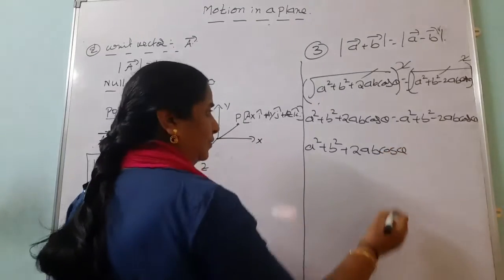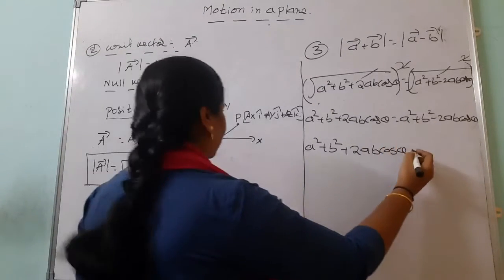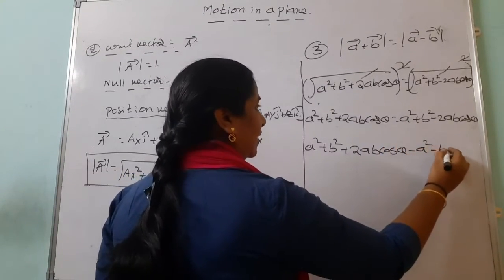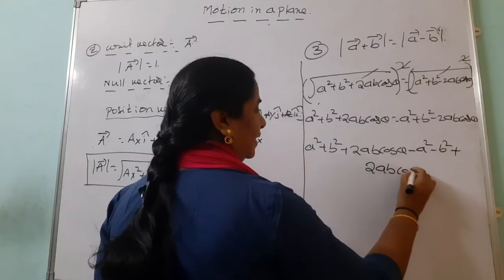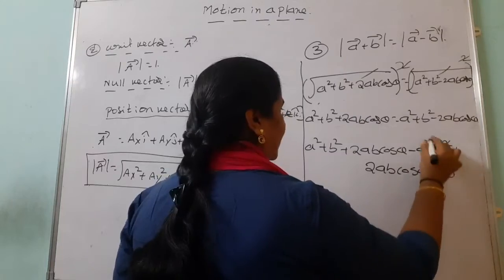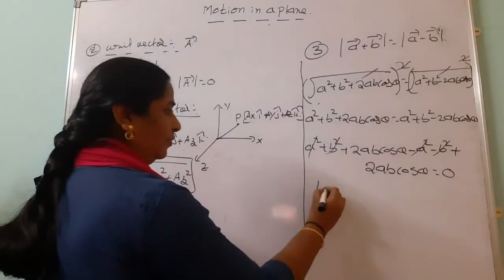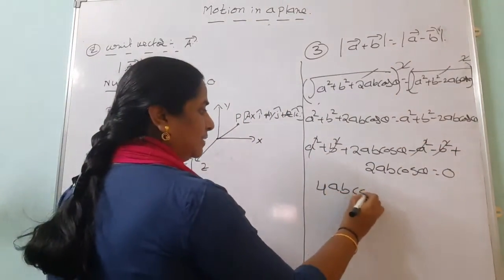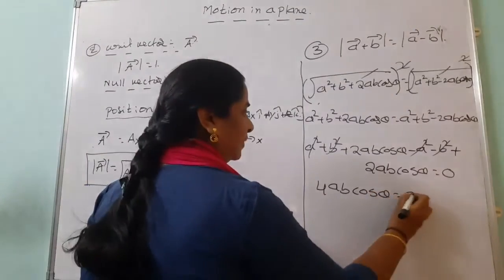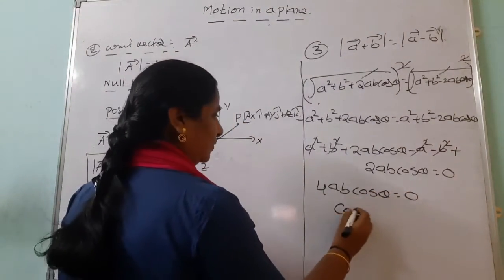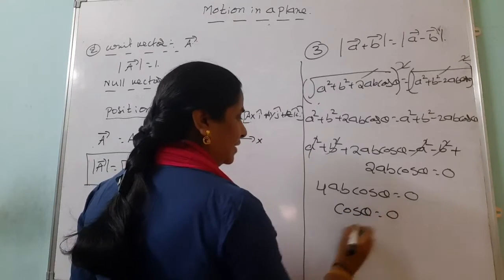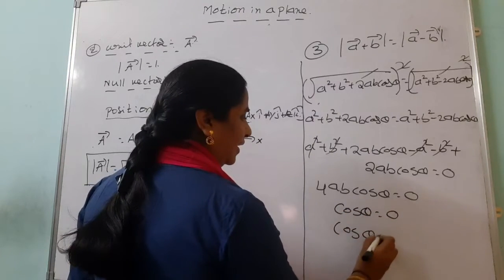After simplification, a square plus b square plus 2ab cos theta. Many people get confused here. When a square comes across, minus a square minus b square plus 2ab cos theta equals 0. This cancels, 4ab cos theta equals 0. When 4ab goes to this side, it becomes 0, so cos theta equals 0.